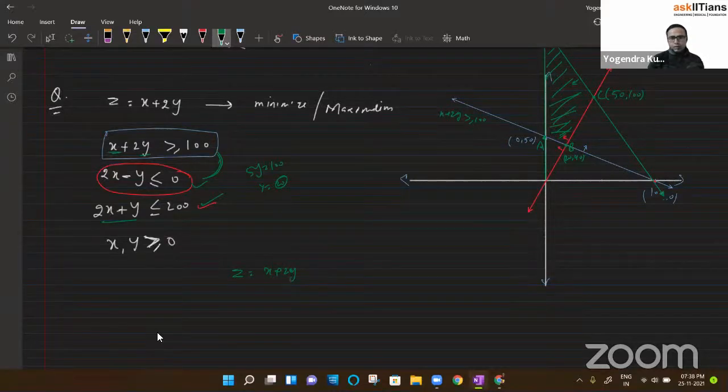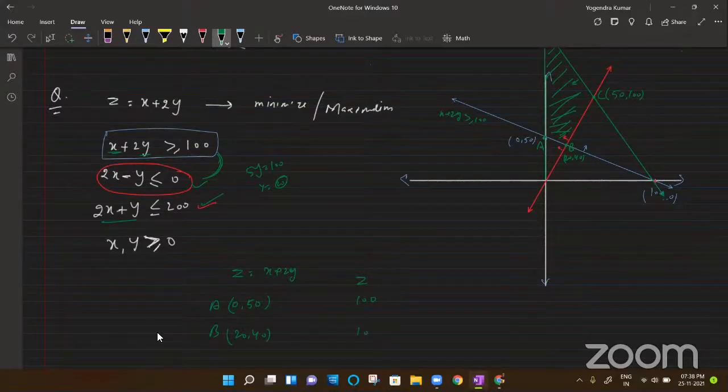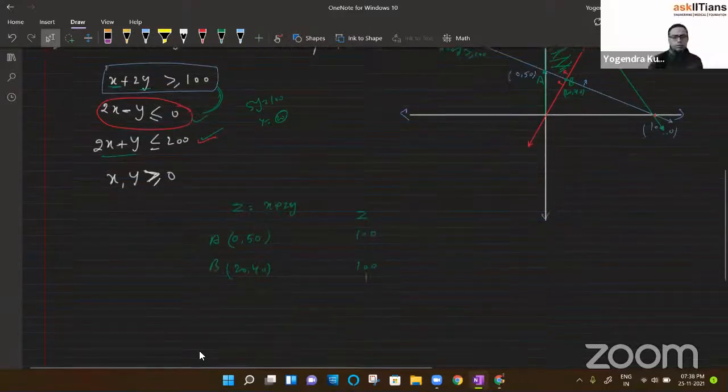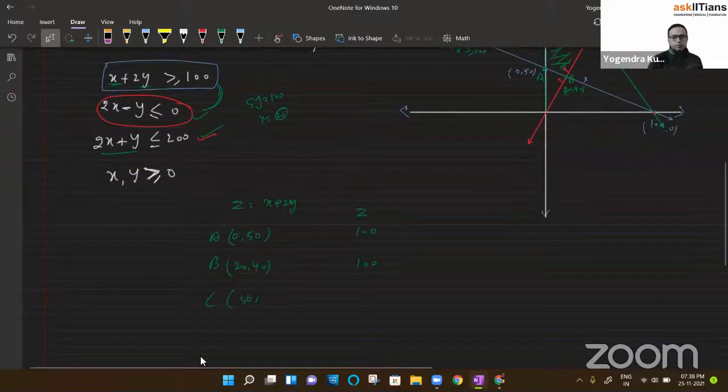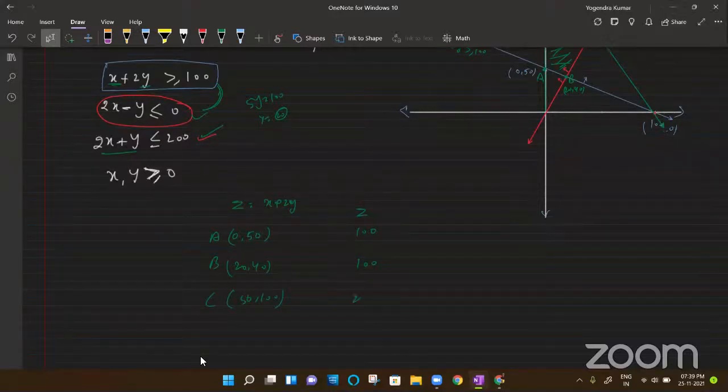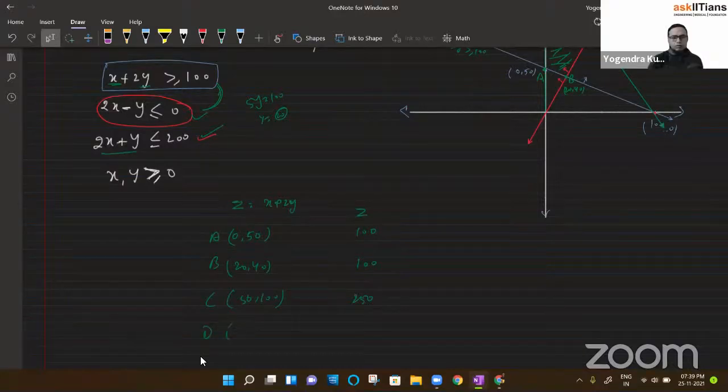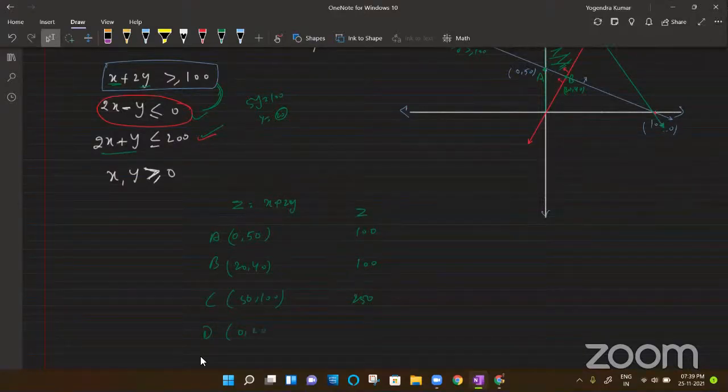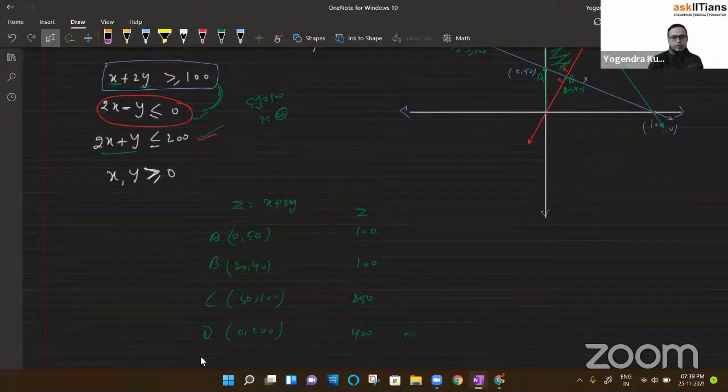At (0, 50), the Z value is 100. At point A, (20, 40), we get 100 again. At point C, (50, 100), we get 250. At point D, (0, 200), we get 400. So the maximum is here.